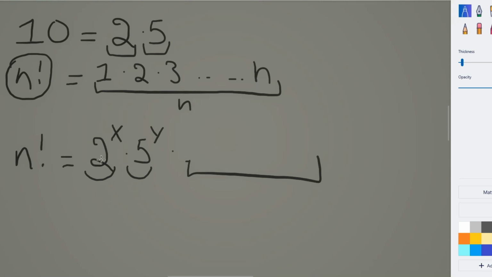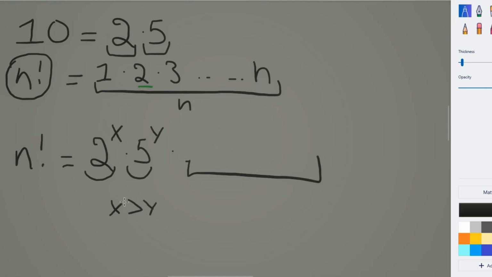And since 2 is a smaller number than 5, so it appears more frequently in prime factorizations of numbers that we have in the range between 1 and n, we know for sure that x will be actually greater than y, okay?